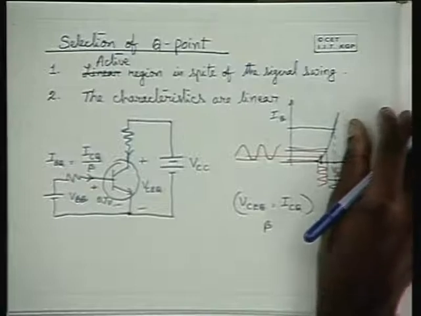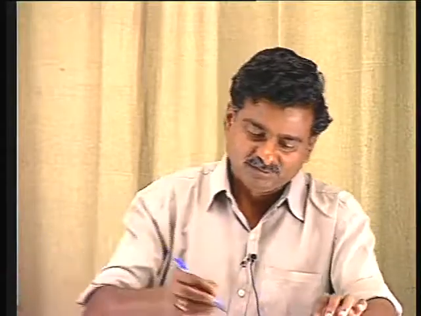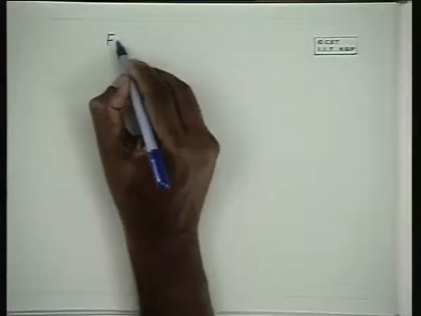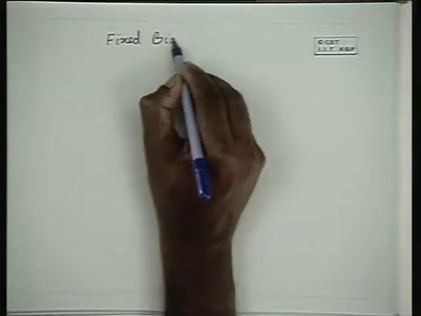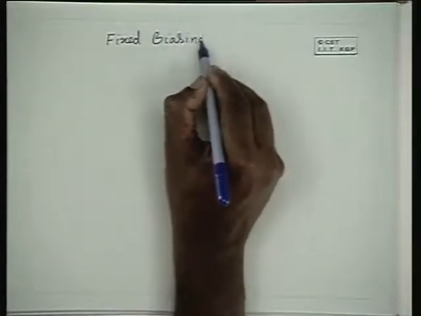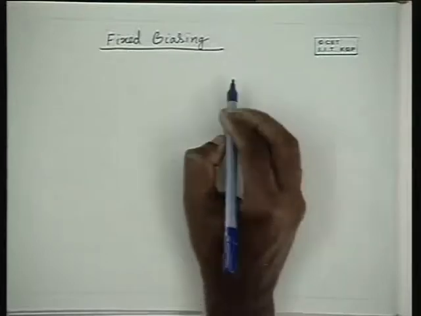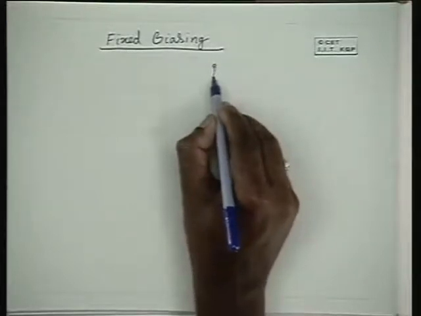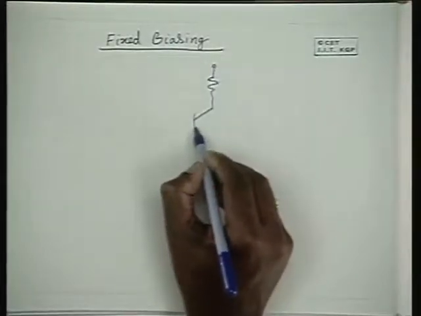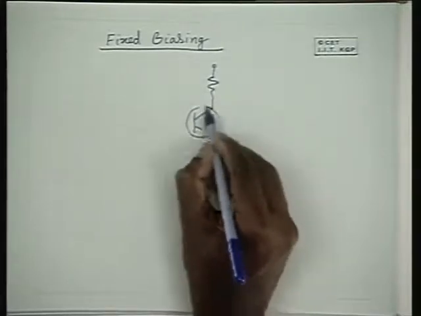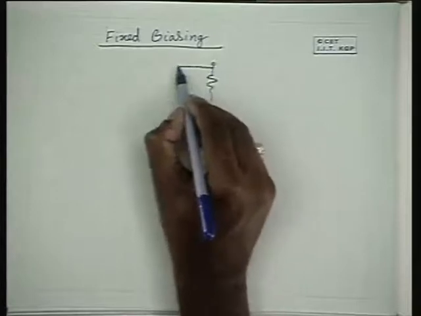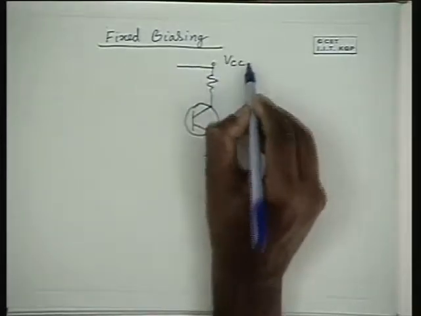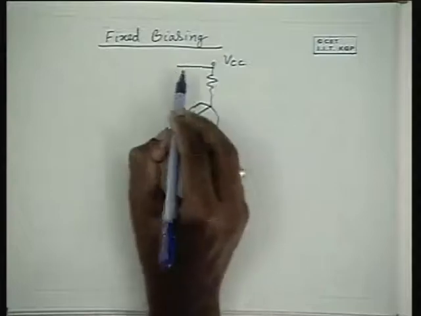We have different circuits available for biasing the transistors. We have the fixed biasing circuit, where we use a single voltage source VCC to bias both the junctions.